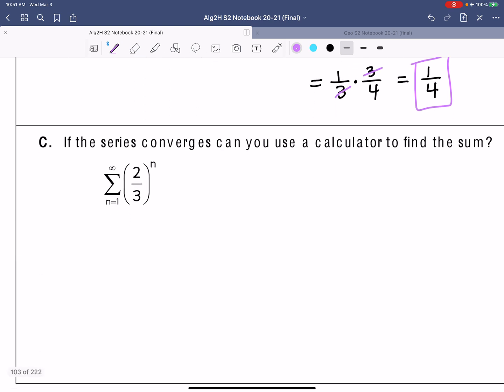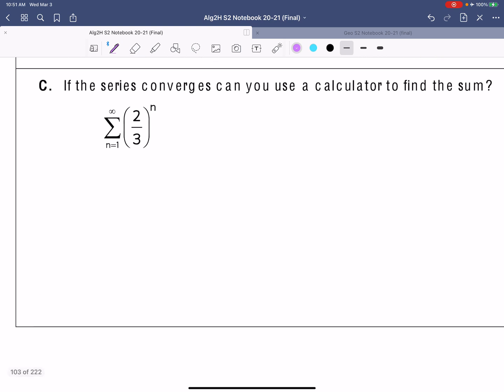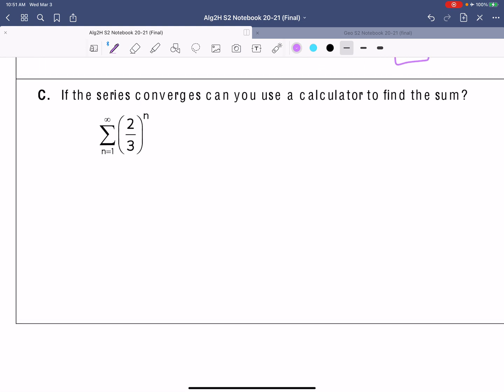All right, and the last one. If the series converges, you can use a calculator. We don't need a calculator. So this is infinite still, because it tells me from 1 to infinity. So you guys need to check your R value.